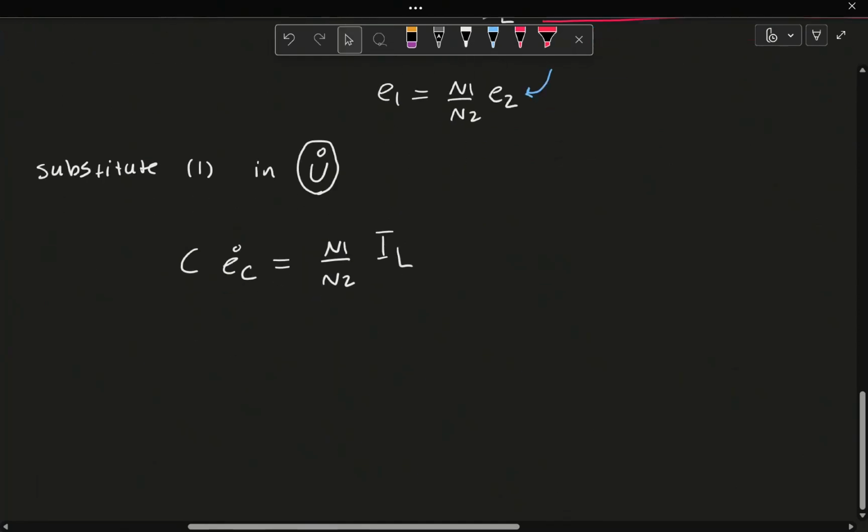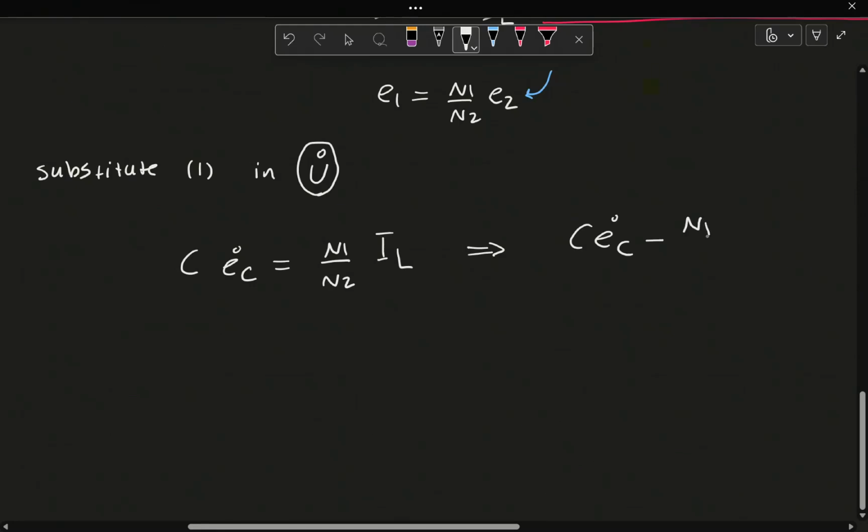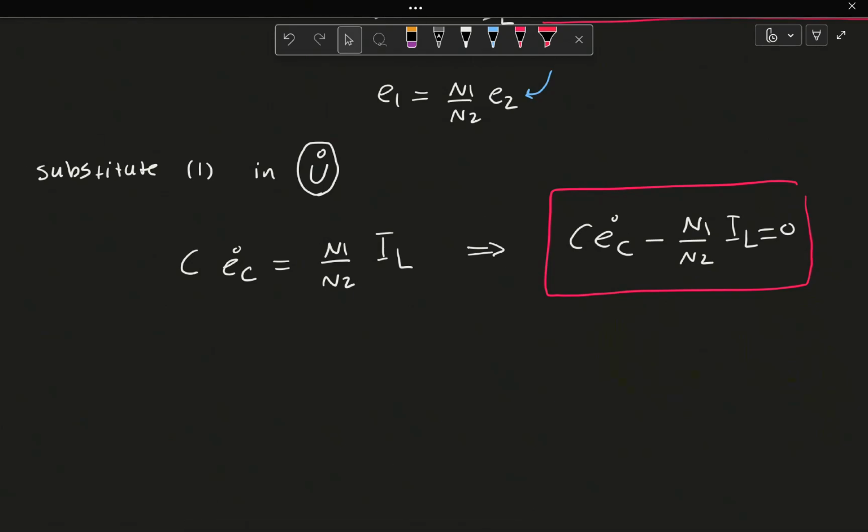Good, okay. Now, bring all the dynamic terms on one side and check for the signs. If the signs match, you can box this equation, yes? So C E dot C minus N1 over N2 IL equals 0, okay? And you see that you have only two families. Each family has only one member. You can safely box this equation. This is one of your equations.